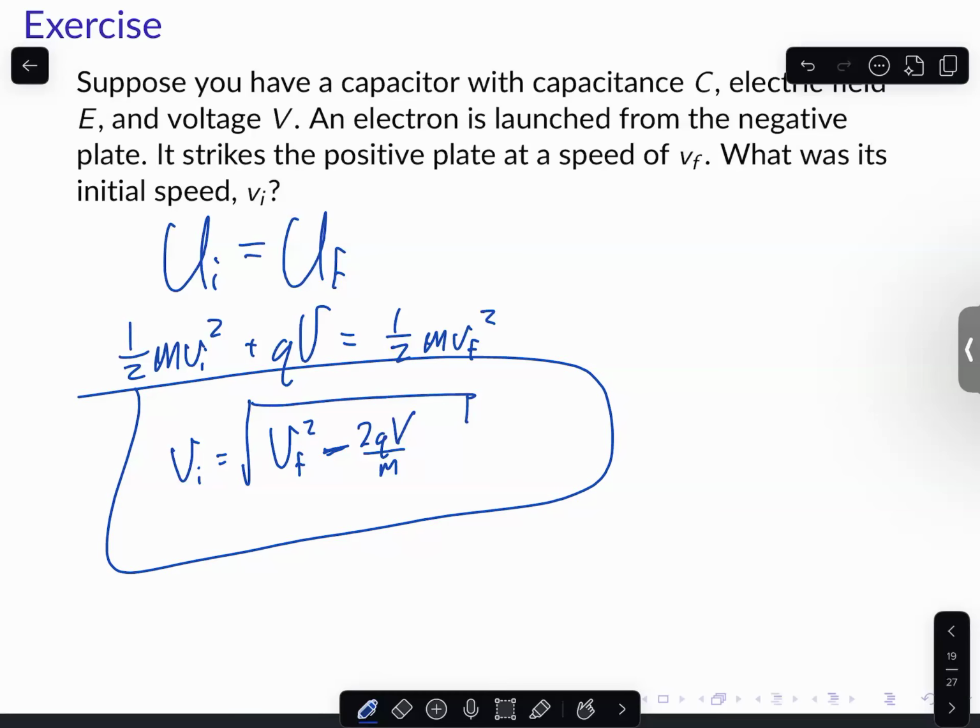Google form I. Does an electron going from the negative plate to the positive plate speed up or slow down?